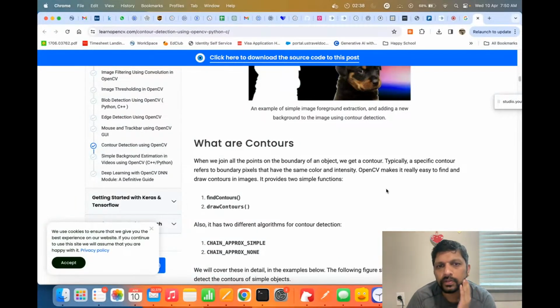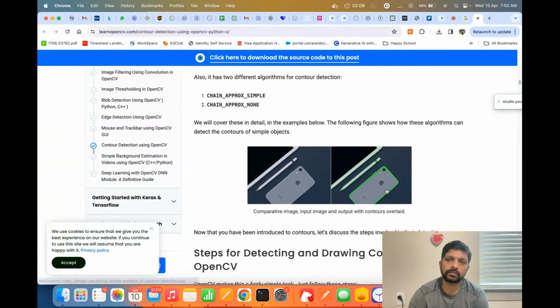A specific contour refers to the boundary pixels, and so it depends on the boundaries and stuff. It is detecting contours. Chain approximate simple and chain. There's more detail in the examples below, the contours of simple objects.